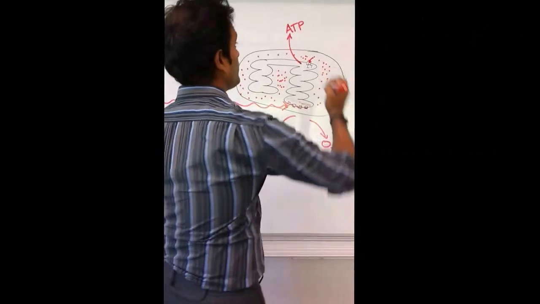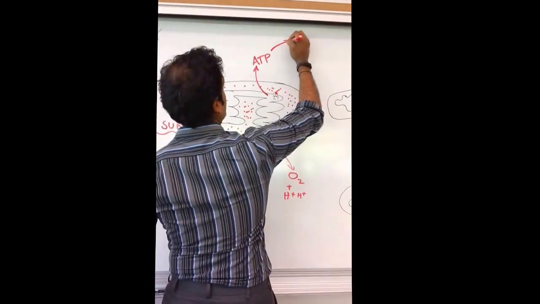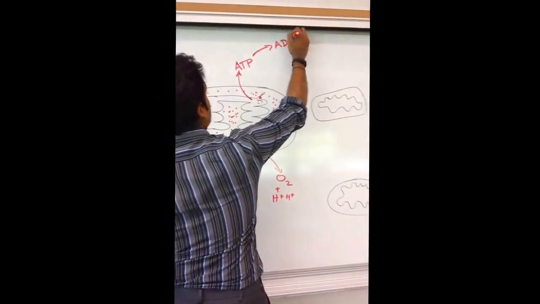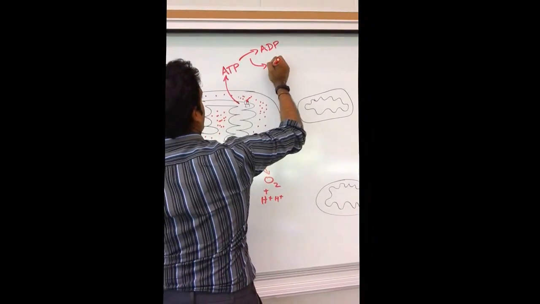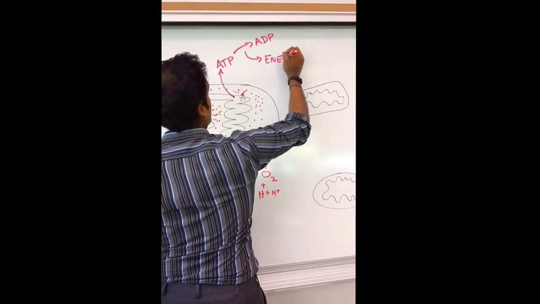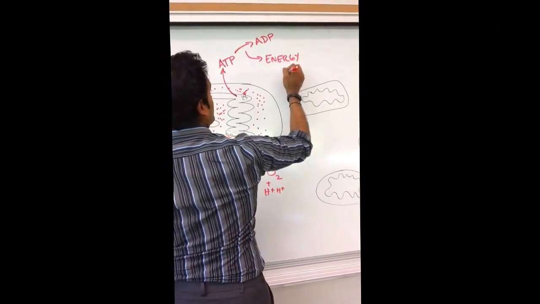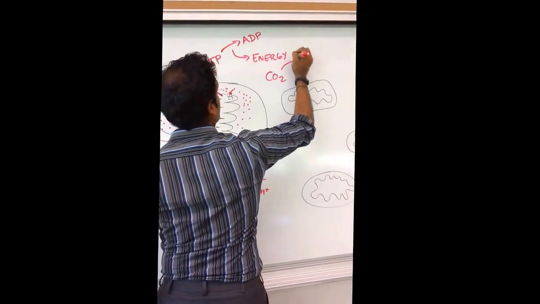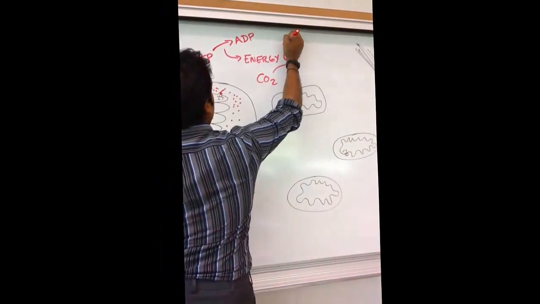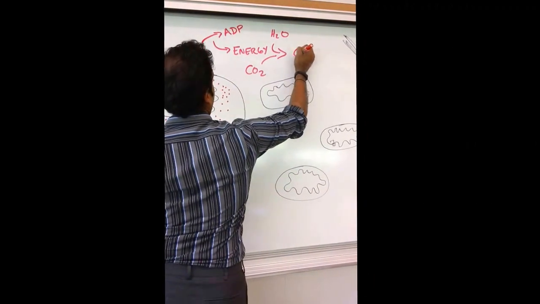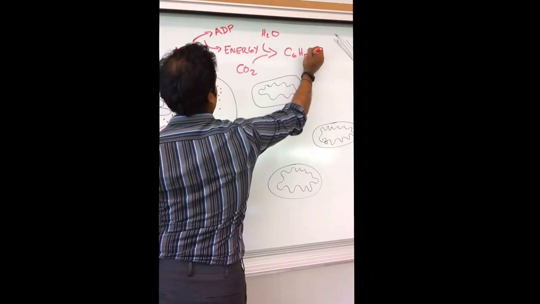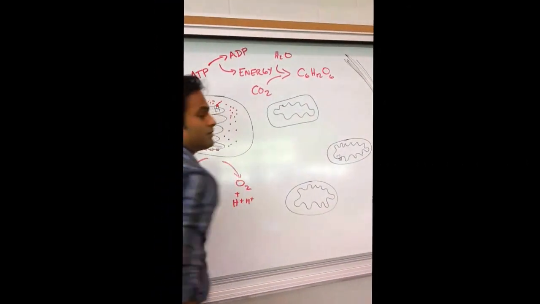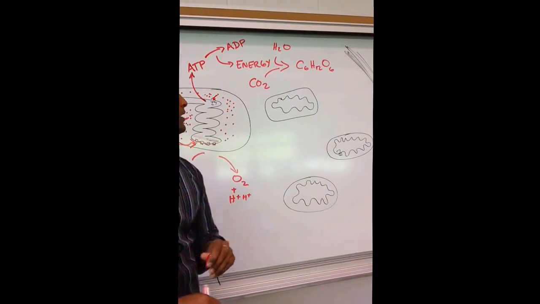So what you do is you take ATP, you dump out the energy. You take some CO2 and some water, and from that you generate glucose, which is why a lot of plants taste sweet.